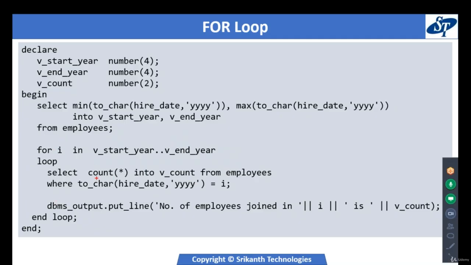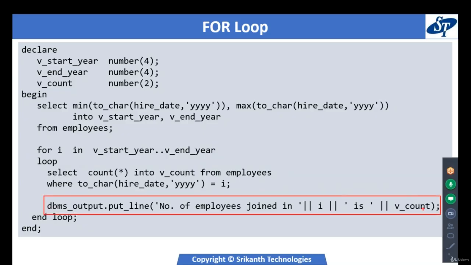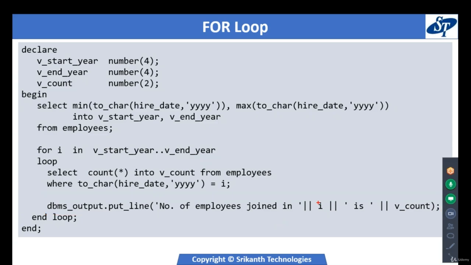And for each year I want to know how many employees joined. So this is going to find out how many employees joined in each year. And this is where we are displaying the count of the employees for each year. So the program is going to print how many employees joined in each year.